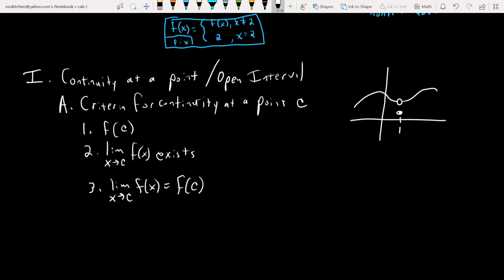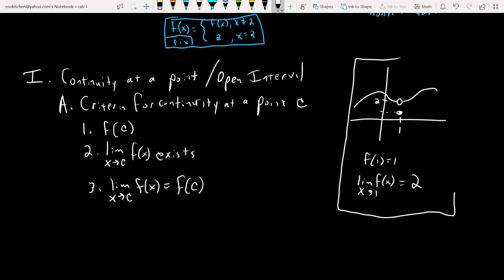The actual limit will be this point that's a little higher. So maybe f of 1 equals 1, but the limit of f of x as x approaches 1 is actually 2. Right? So in this case, it would be discontinuous.